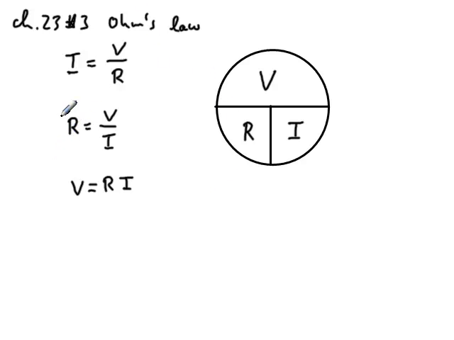Anyway, it says that a certain device in a 120 volt circuit has a current rating of 20 amps, so I have V equals 120 volts and I equals 20 amps. What is the resistance? Since I'm supposed to figure out the resistance, I should use this particular equation.